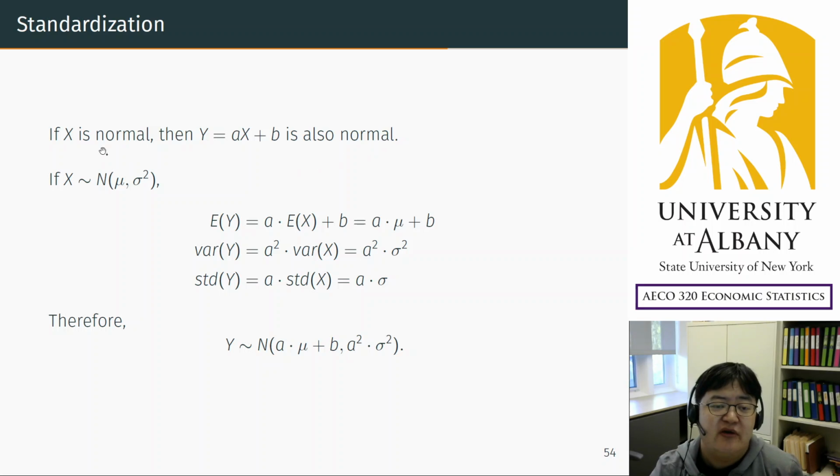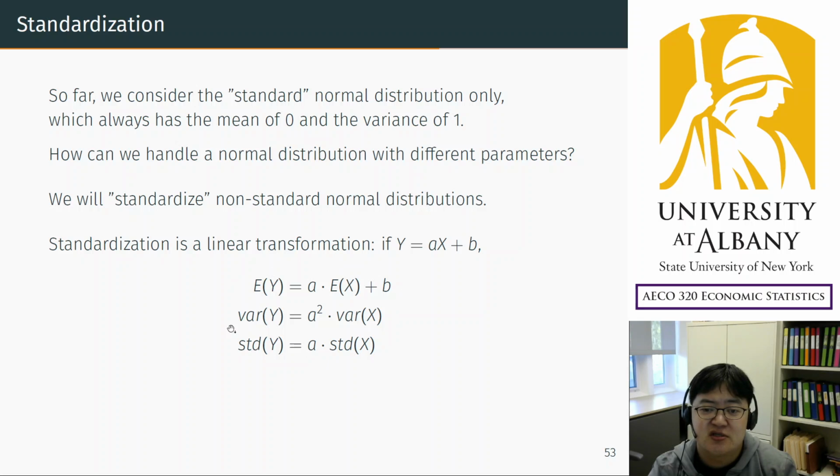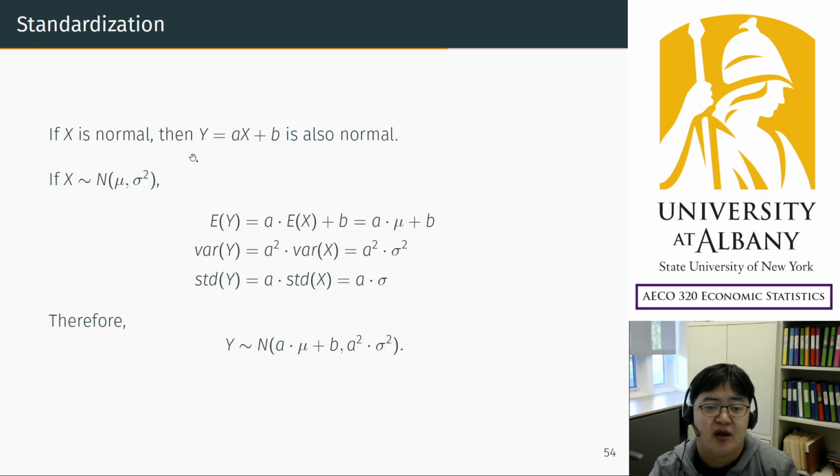So if you combine these results, the results from the linear transformation of mean and variance, and this property, then what we can say is: if the original random variable x follows a normal distribution with parameters mu and sigma squared, and you take the linear transformation of x, then the resulting random variable would follow a normal distribution with these parameters.